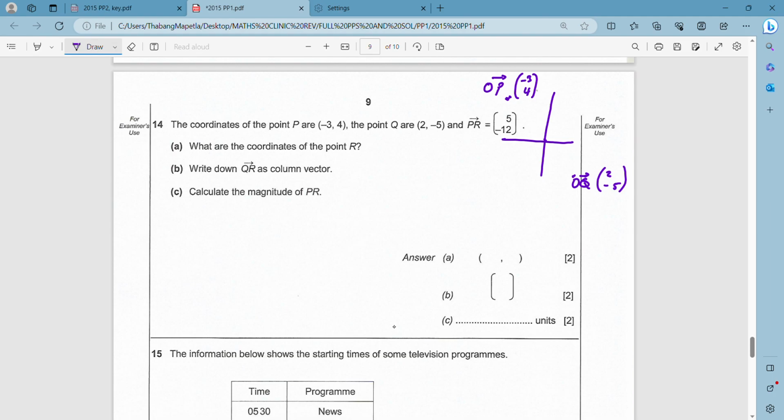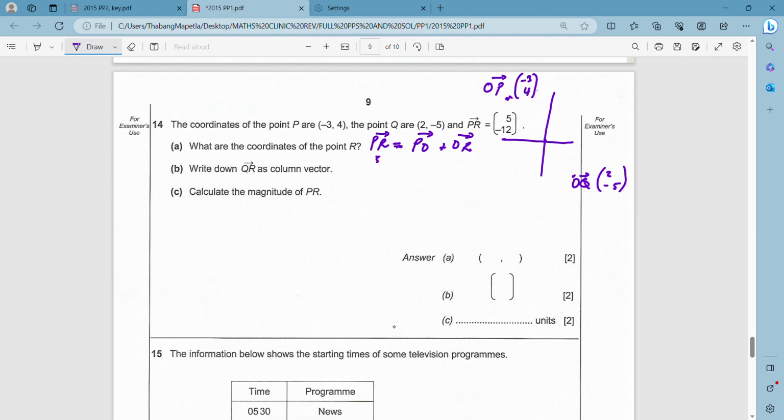What this means, let me try to break it down, is that PR is going to be PO plus OR.